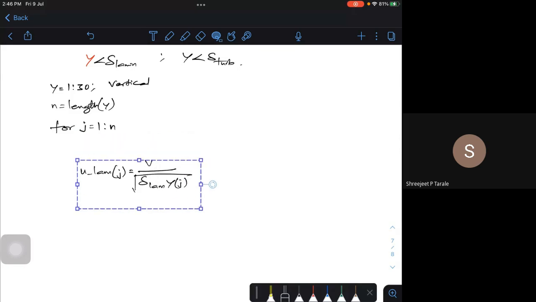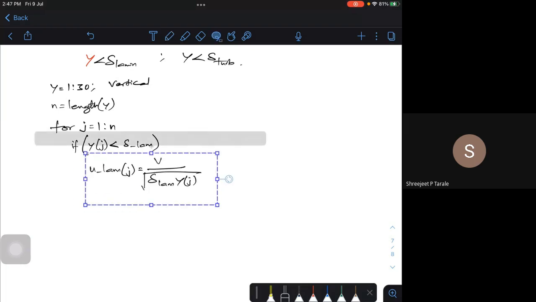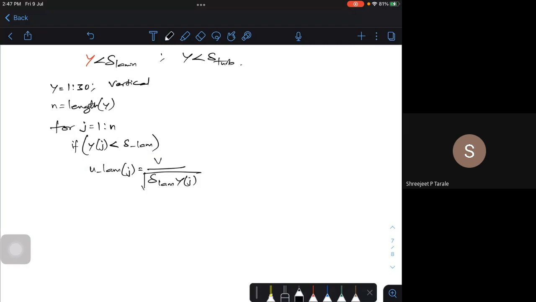This is within your layer: if y of j is less than delta laminar, I need to calculate this u laminar, or else, directly your u laminar of j will be equal to V, the free stream velocity.